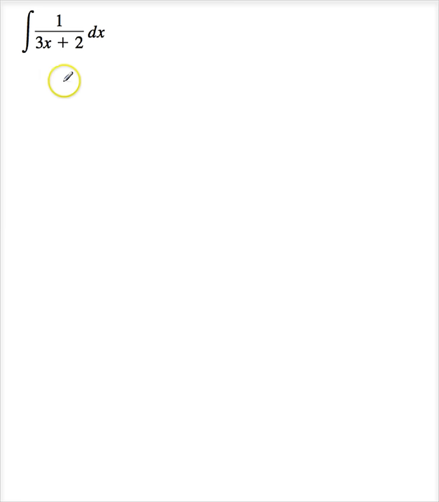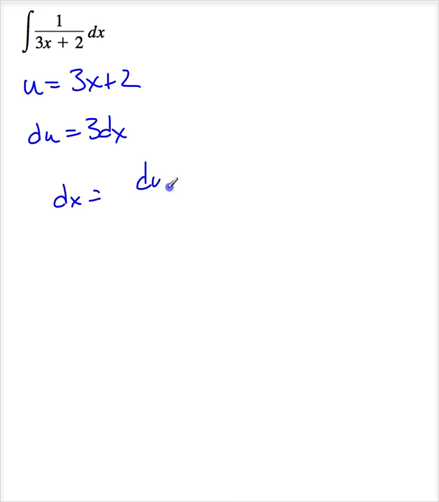All right, let's do another one. Let me let, in this case, u equal 3x plus 2. Then du is 3 dx. So dx is du over 3. Plugging this all in, this becomes the integral. dx is du over 3.